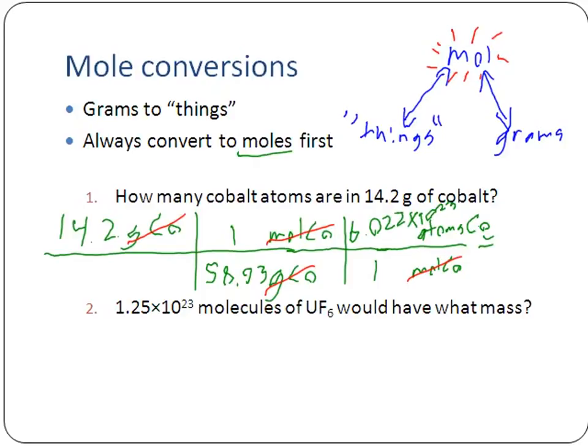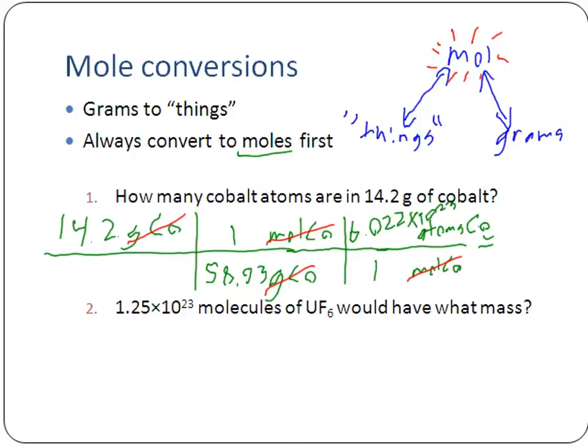So setting this up, we'd say 14.2 times 1 times 6.022 times 10 to the 23rd divided by 58.93 divided by 1. And so doing that, I end up with 1.45108 times 10 to the 23rd. Since our original value had only 3 significant figures, then this one will too.